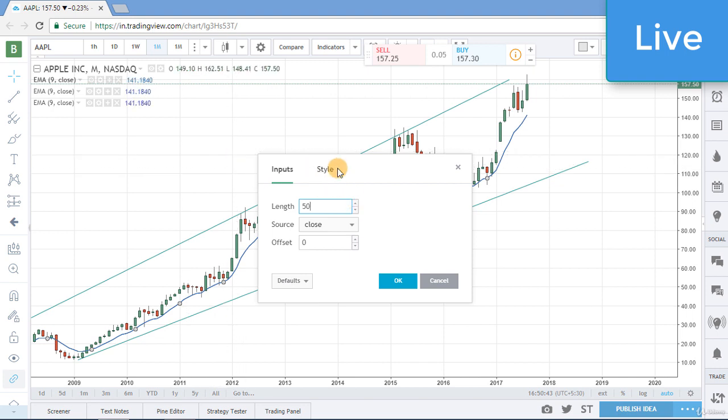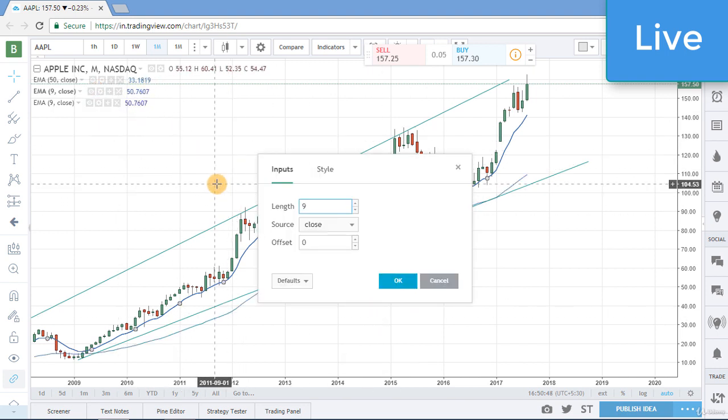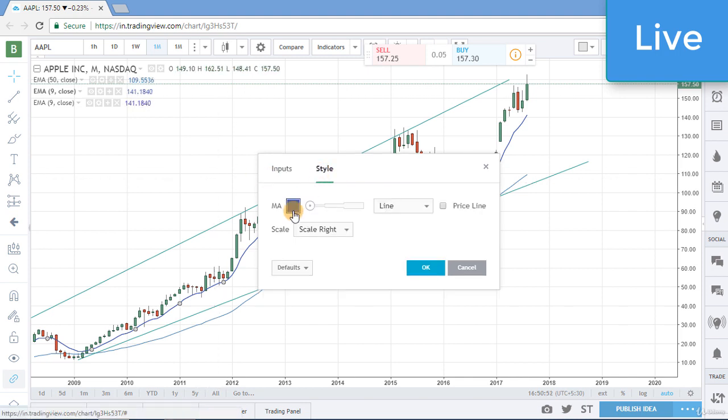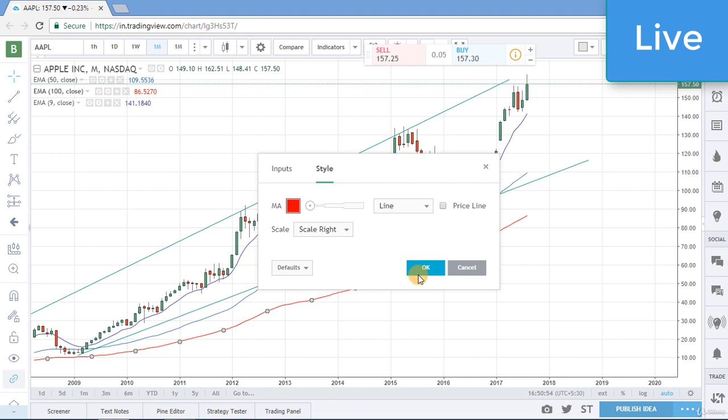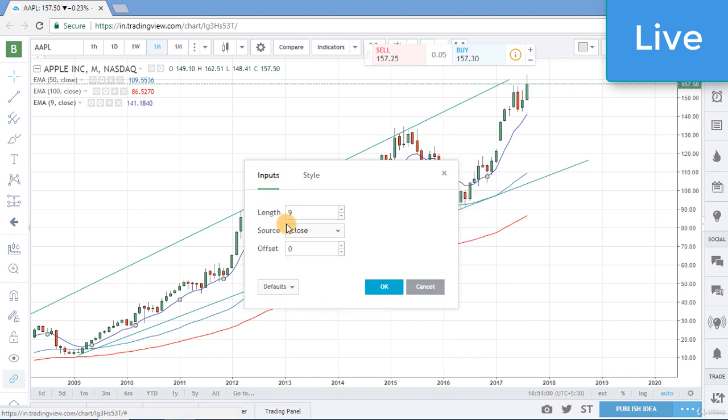Take the input here, this is a 50 EMA. Then a 100 EMA, that is of red color, and a 200 EMA, that is of green color.